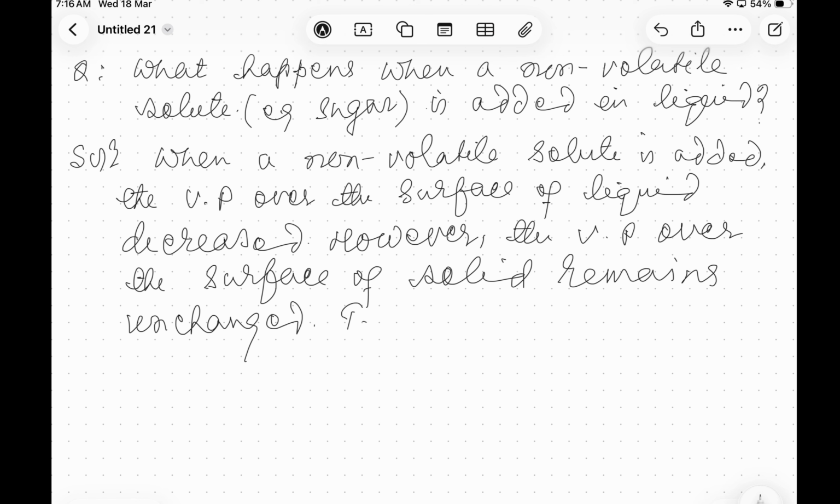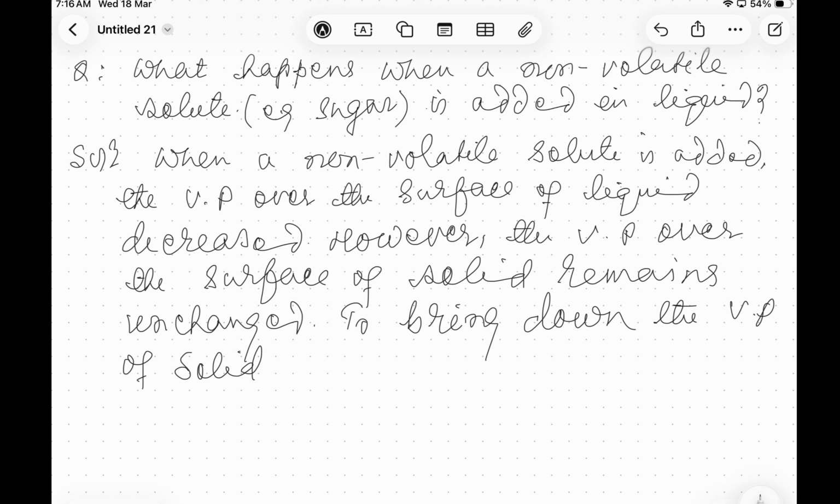To bring down the vapor pressure of solid, temperature is reduced.